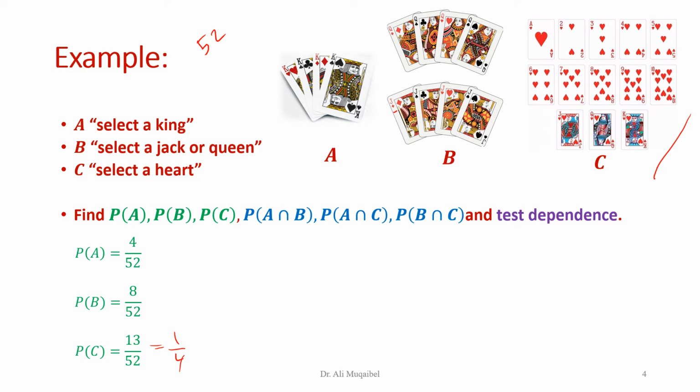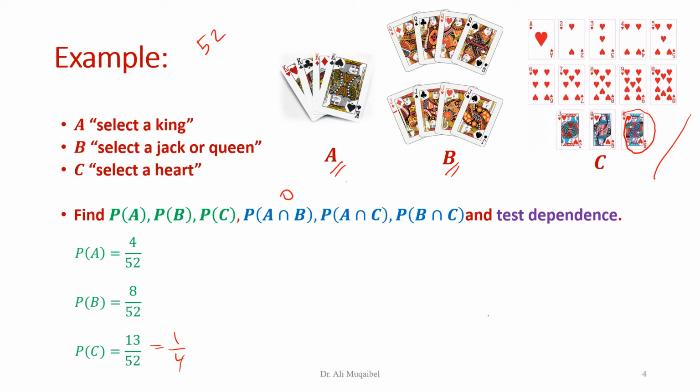It says find the probability of the intersection A and B. You can see here that there is no common things between A and B. Okay, this is A and this is B. So you can tell that the probability of this is going to be 0. And then probability of intersection between A and C. If you look at A and C, what's common is only one term here, the King and the heart.